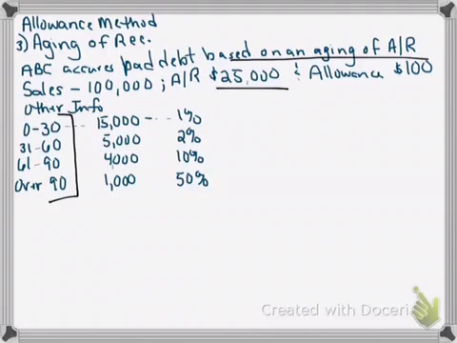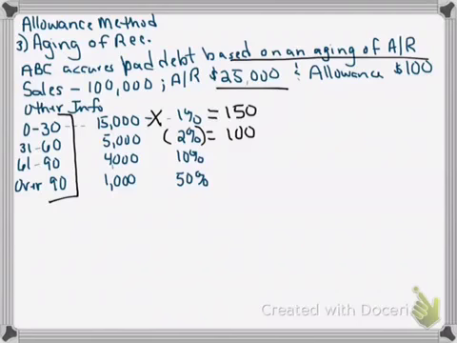So what we would do in this case is we would actually take the amount of money, we would multiply it by that percentage, and we would come up with a dollar amount. So in the first one, we have 15,000 times 1%, that's $150. Then we would take 5,000 and we would multiply that by the 2%, and we would get $100.